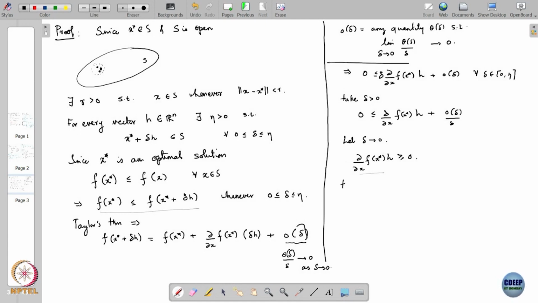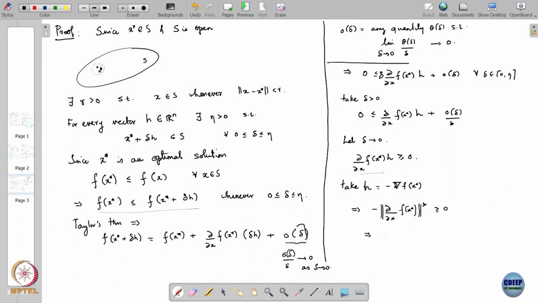So, I can take for instance h to be the negative gradient of f, and so that would then give me that the negative of this derivative evaluated at x star, the norm of the whole thing squared, should be greater than or equal to 0. So now the negative of the norm squared is greater than or equal to 0.